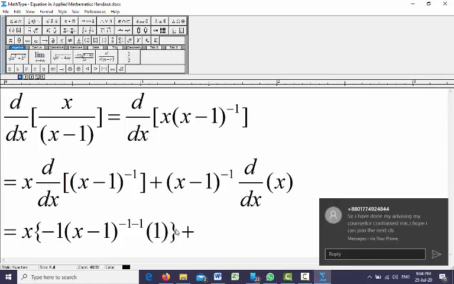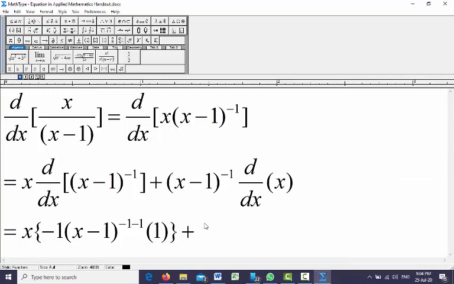Now plus, what I have is x minus 1 power minus 1, and if you do differentiation of x with respect to x, you get only 1.